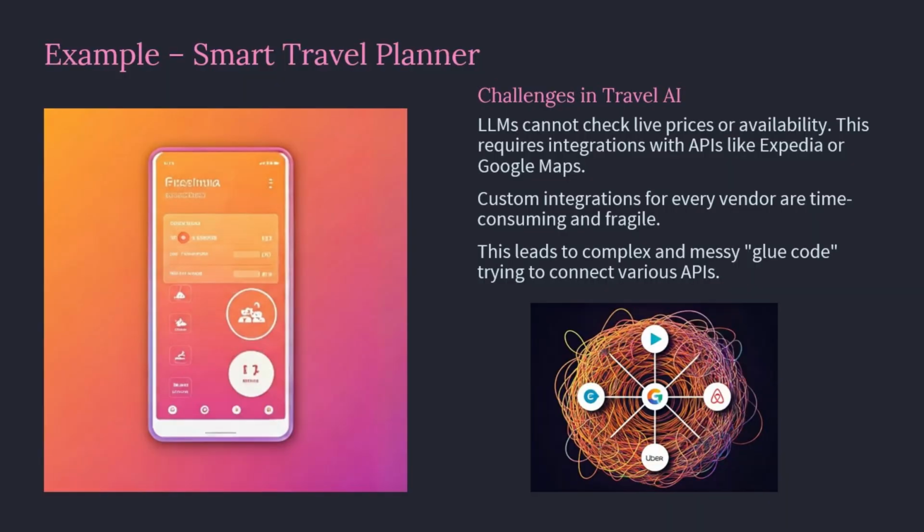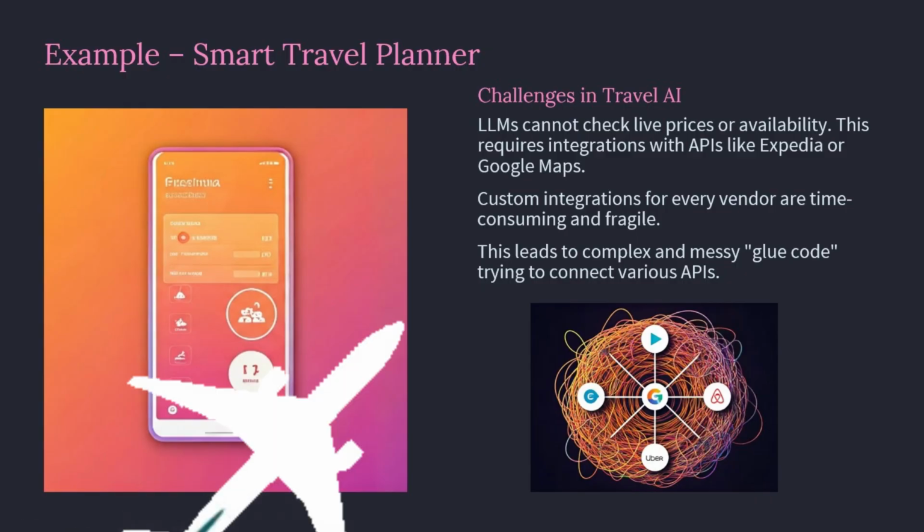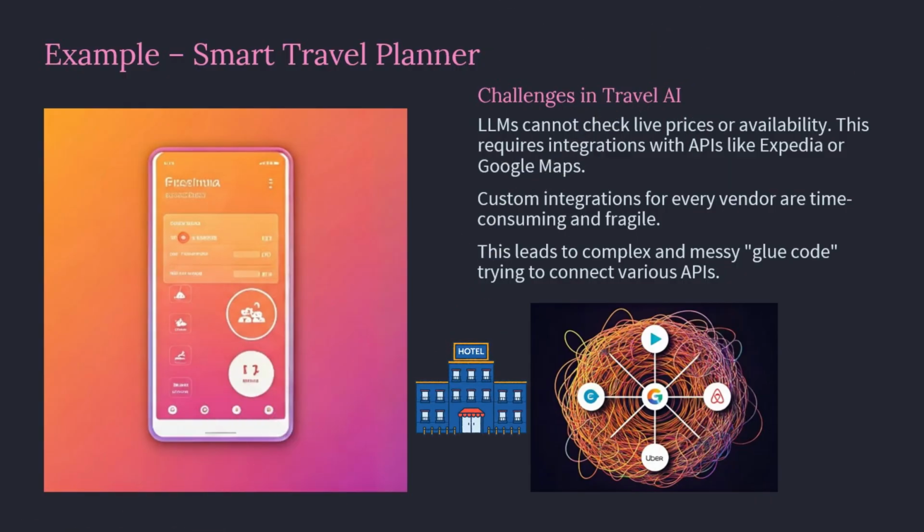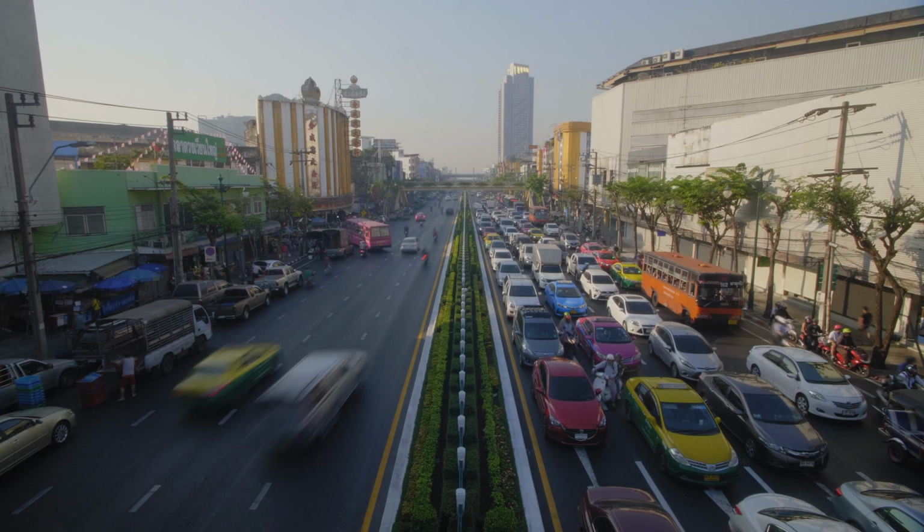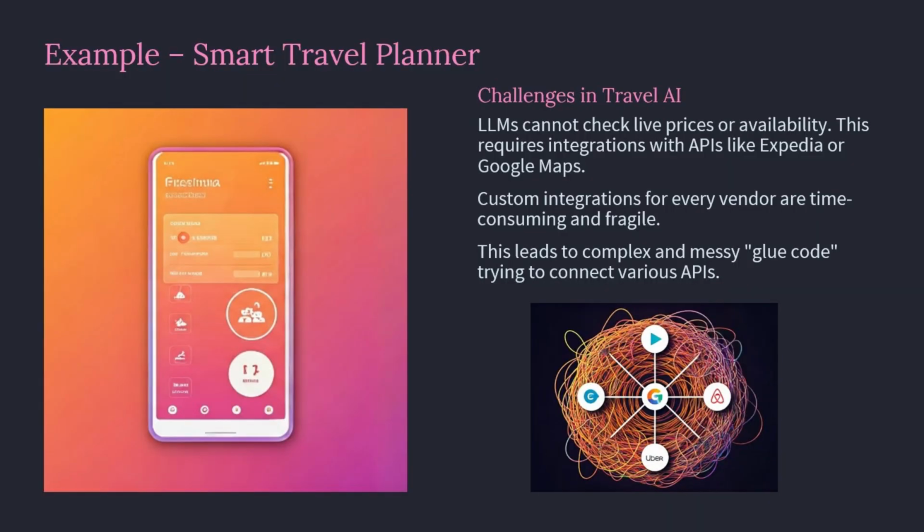Let me show you a real-world example that'll make this crystal clear. Imagine building a smart travel planner AI. Here's the challenge. While LLMs can suggest great destinations or itineraries, they can't magically check live flight prices, hotel availability, or real-time traffic on Google Maps. That requires connecting to actual APIs from vendors like Expedia or Google.